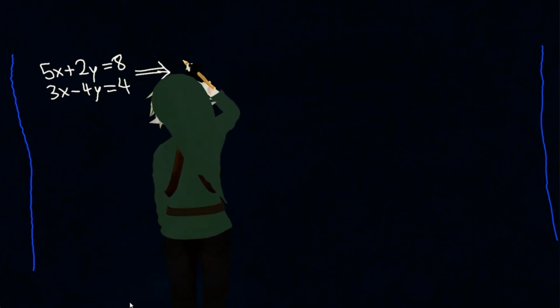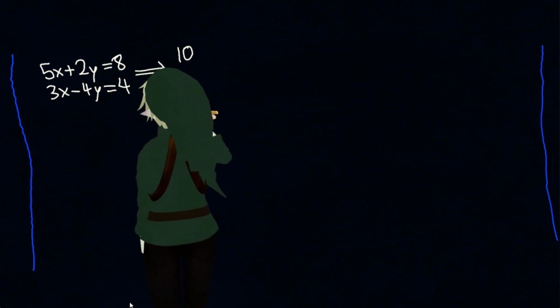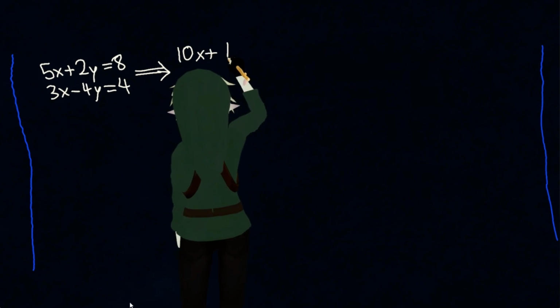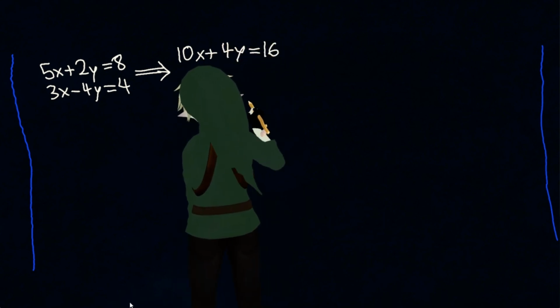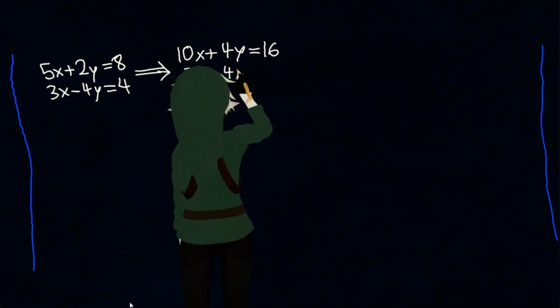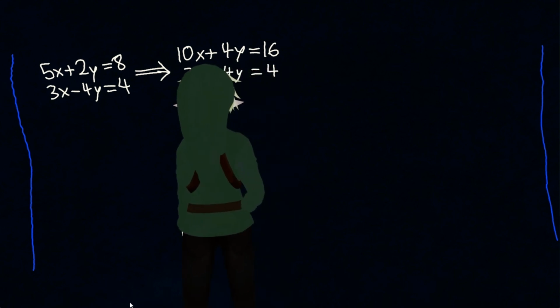So let's write that down. Multiply by 2 on this first equation: 10x plus 4y equals 16. And then 3x minus 4y equals 4.